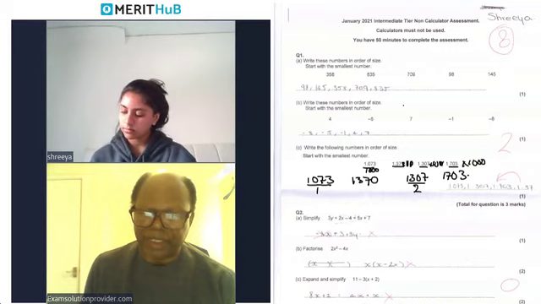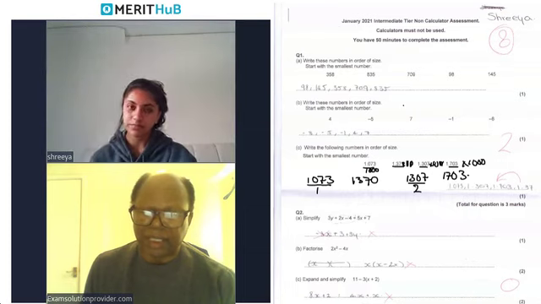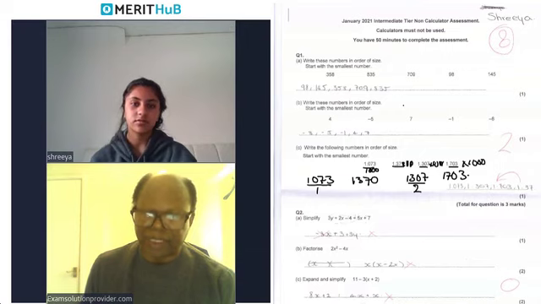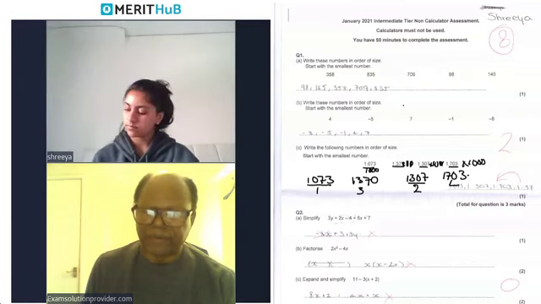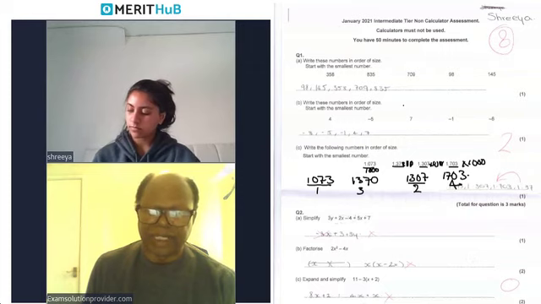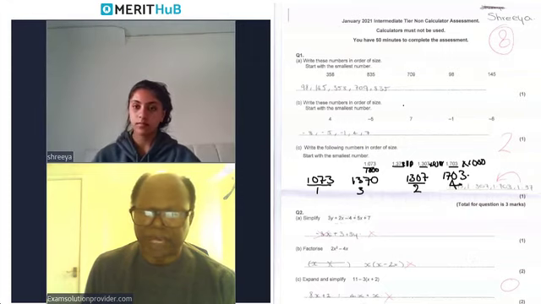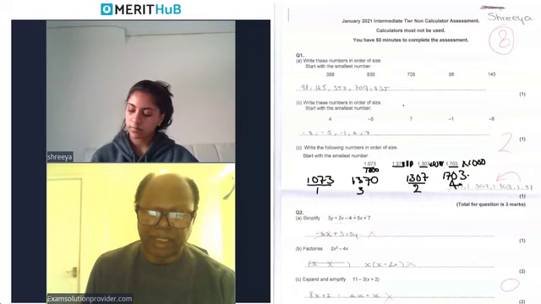And now we compare these 2. Is it the one with 7, 0? Yes, because 7 is bigger than 3. So this is 3, and this is 4. Then you rewrite them the way they were. They said start with the smallest, so it's going to be 1.073.